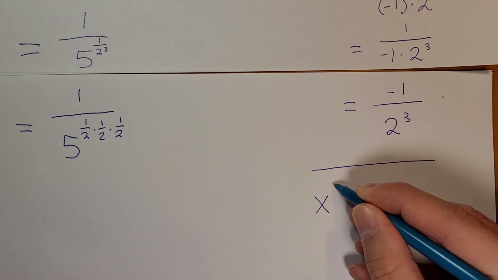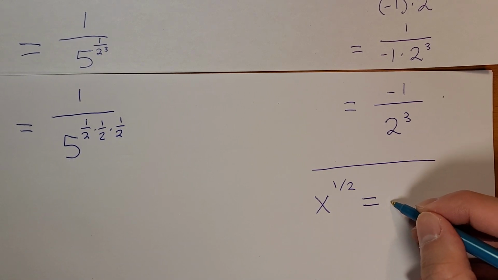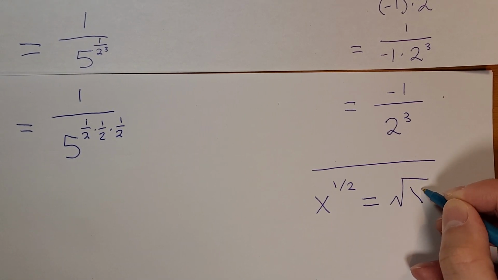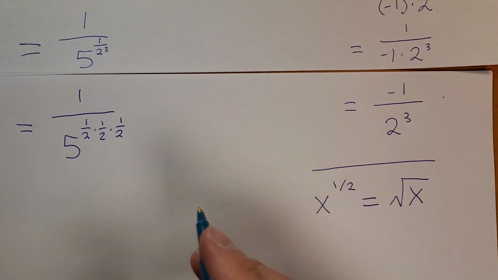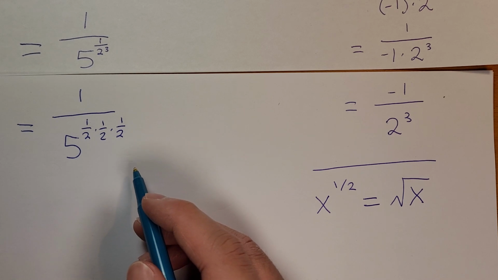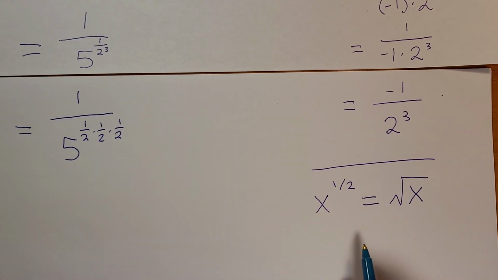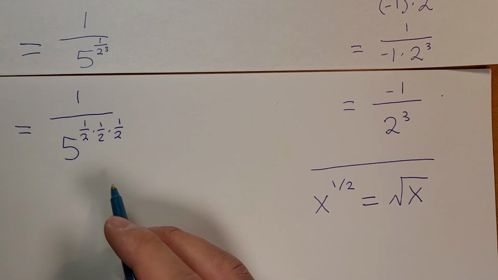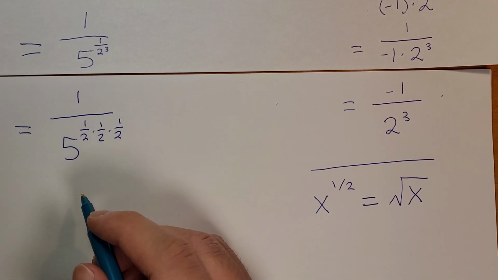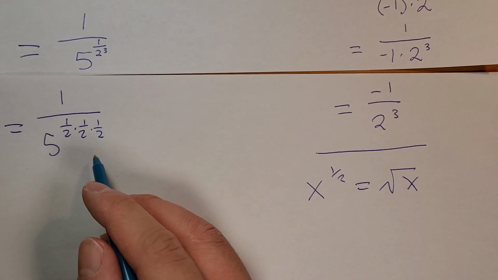Now the last step is notice that any number to the power of 1/2 equals the square root of the number. We have 3 1/2s here. So we would like to take advantage of this fact. Before we do that, I'm going to do a few more steps. First I'm going to group the 3 1/2s like this.